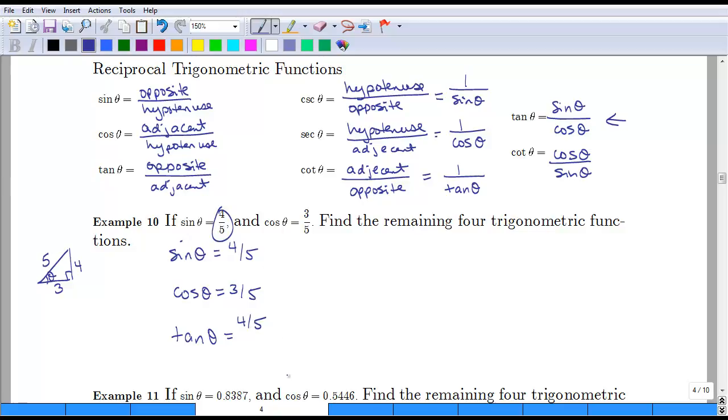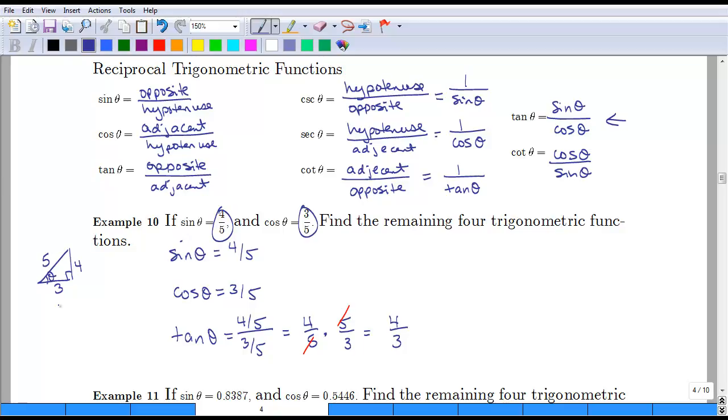We don't put the angle there, we put the ratio, divided by the cosine, which is 3/5. Now, if you remember how to divide fractions, you know that this is 4/5 times 5/3. That 5 divided by 5 is 1, and you are left with 4/3, which is what we said it should be, opposite over adjacent.